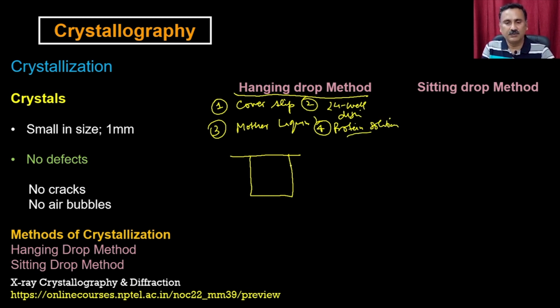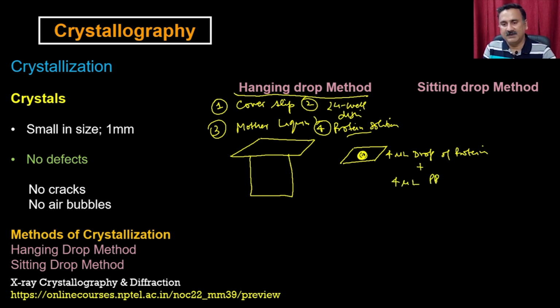So you are going to have a well, and on top of this well, you are going to have the cover slip. On this cover slip, you are going to make a drop of the protein. You are going to make a 4 microliter drop of the protein molecules, and then you are going to add 4 microliter of the precipitant, right?